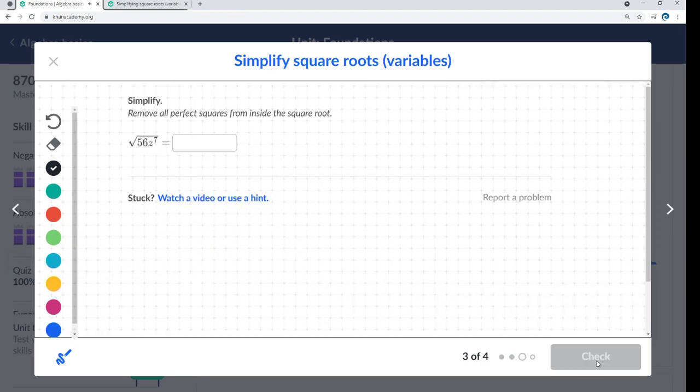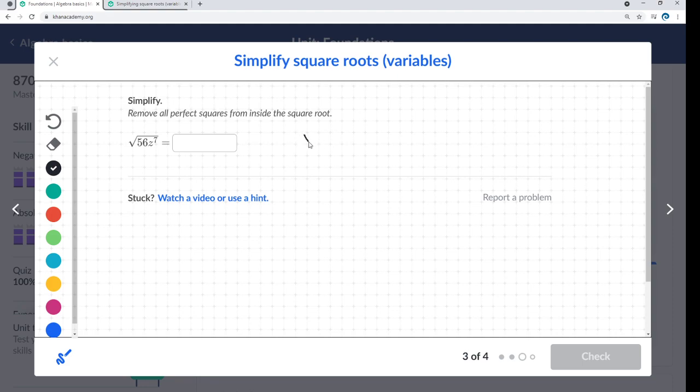Okay. This is another opportunity. I don't know if I'm going to get through this lesson, to be honest with you. For some reason, the variable stuff is throwing me off really hard.